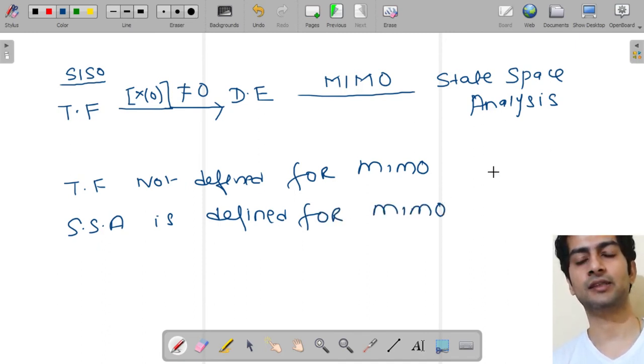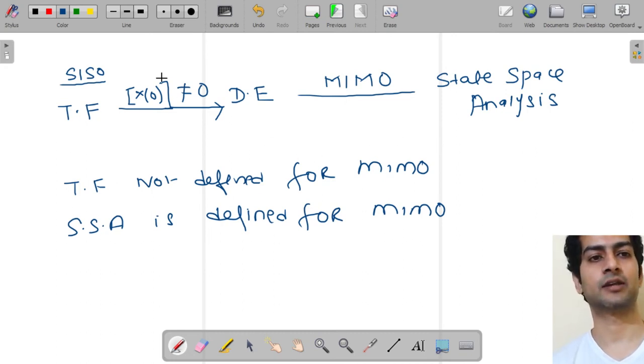We have seen that from the state equation and output equation, even with multiple inputs and multiple outputs, we were able to calculate y(t).